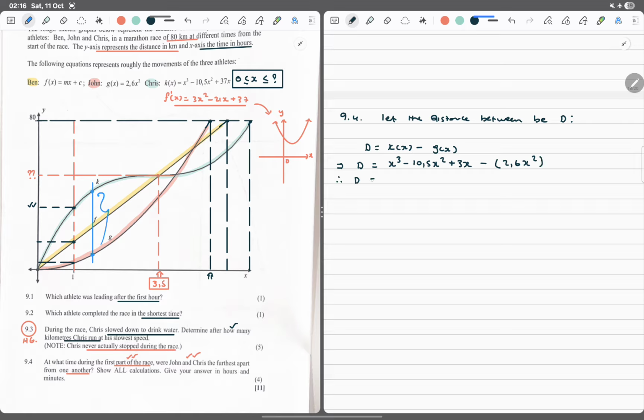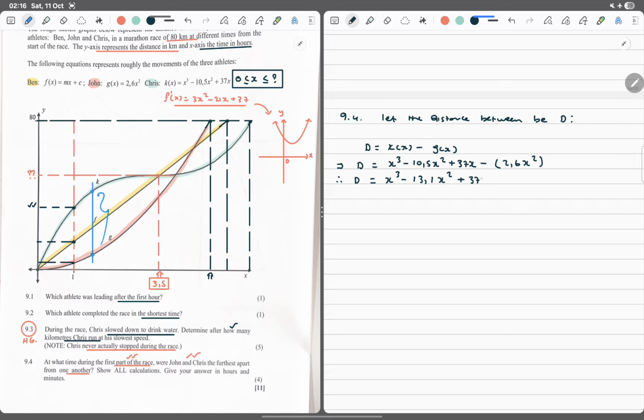Therefore, our D is going to be X cubed minus 13.1 X squared plus 37X.